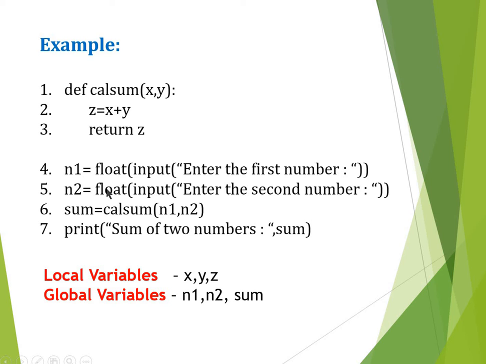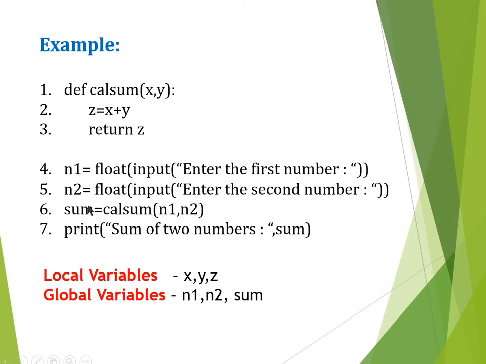Next, line 5 will be encountered and executed, so the variable n2 will be added in the global environment. After that, line number 6. So when lines 4 and 5 are executed, the variables n1 and n2 will be created in the global environment.